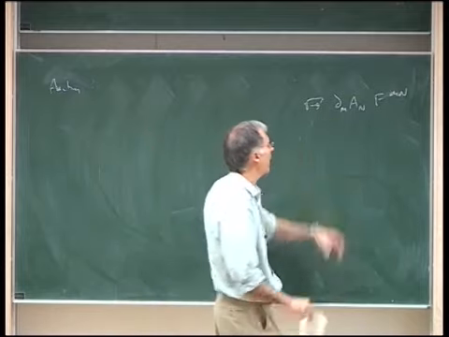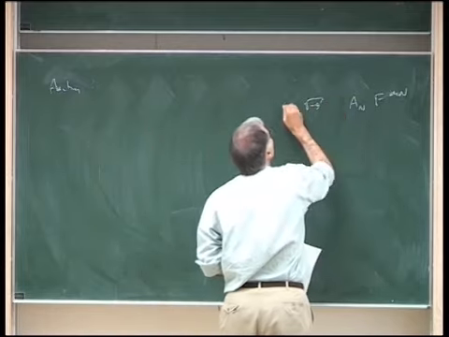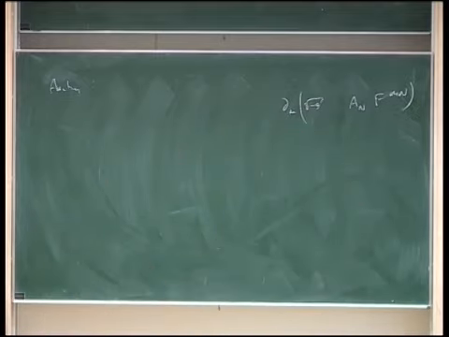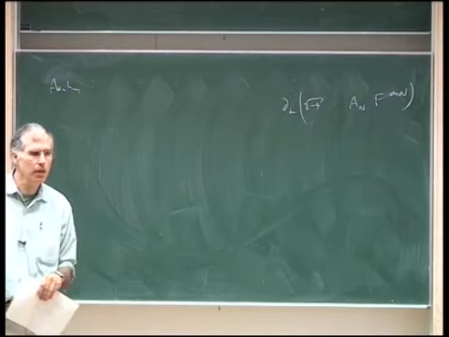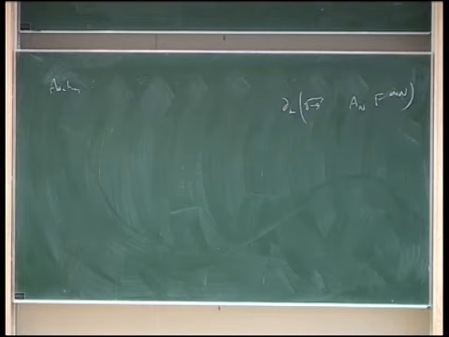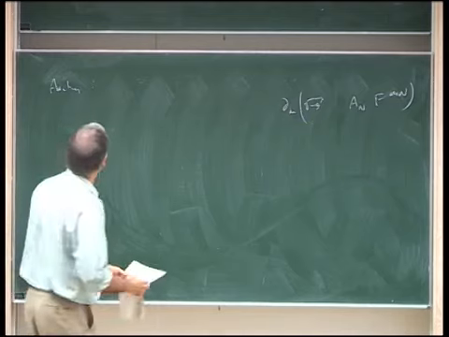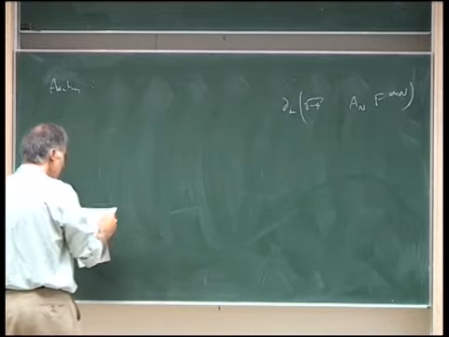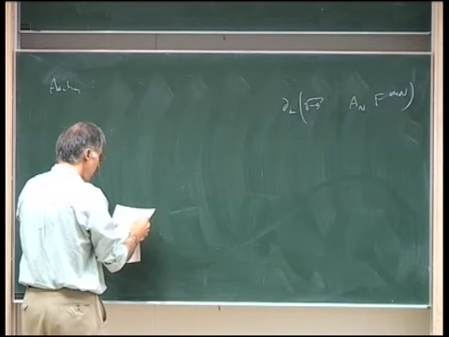So on shell, I can rewrite the integrand as a total derivative. I can then convert the bulk integral into a surface term, and that's the resulting boundary action I'm going to care about.